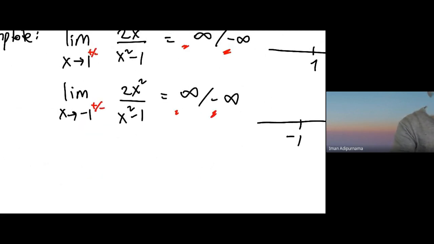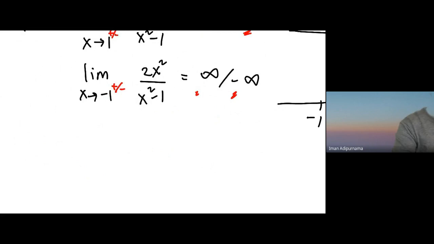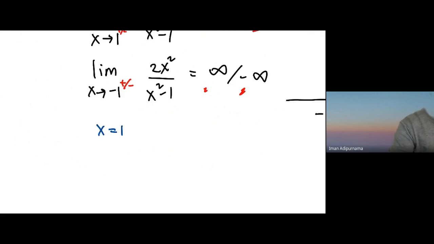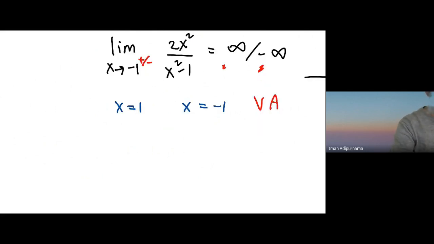Okay, this is for the vertical asymptote. So we will have vertical asymptotes at x equals 1 and x equals -1. Now the horizontal asymptote we can approach with this infinite limit, positive or negative. Both cases we can try to look at.